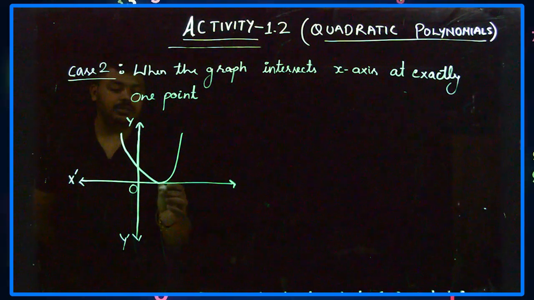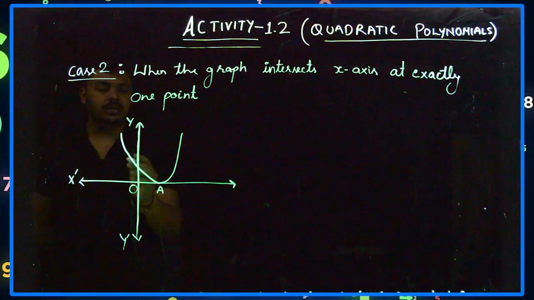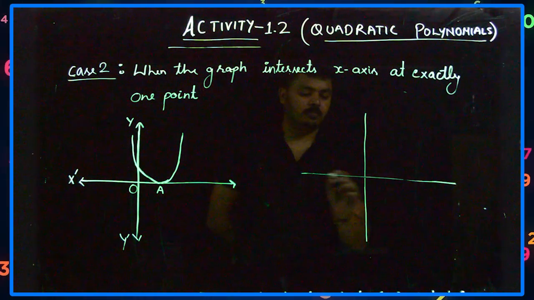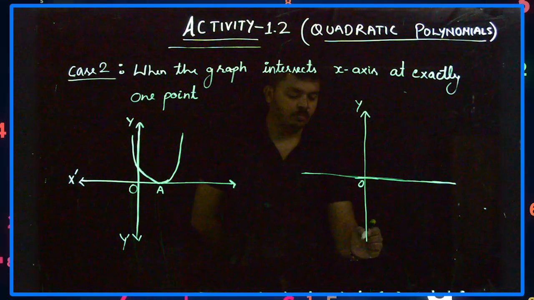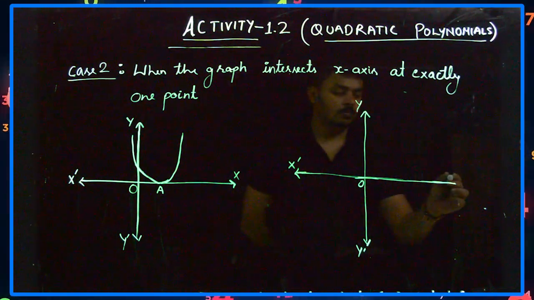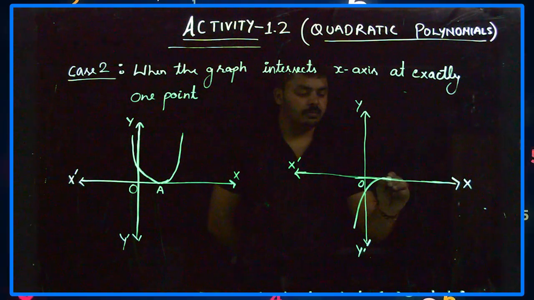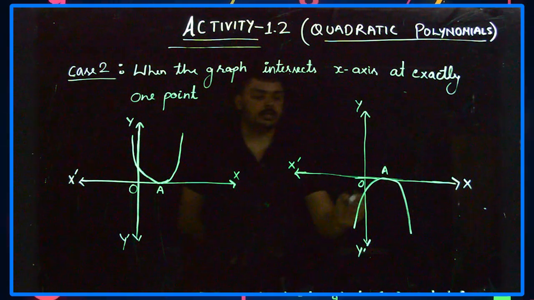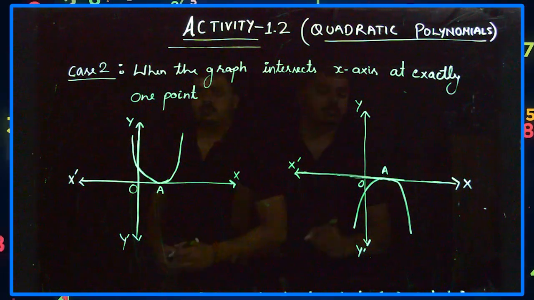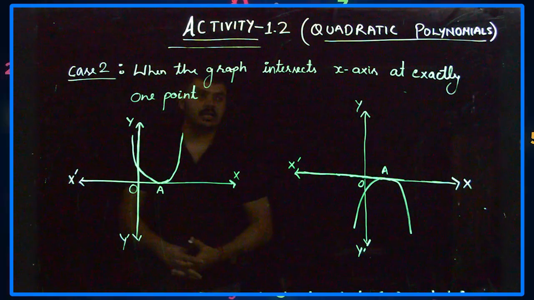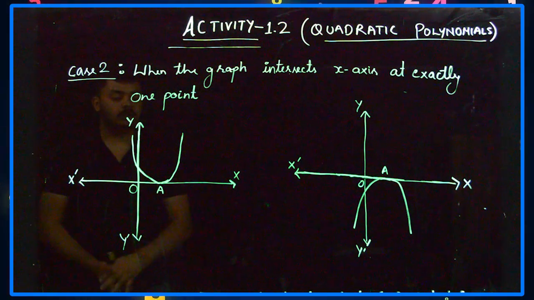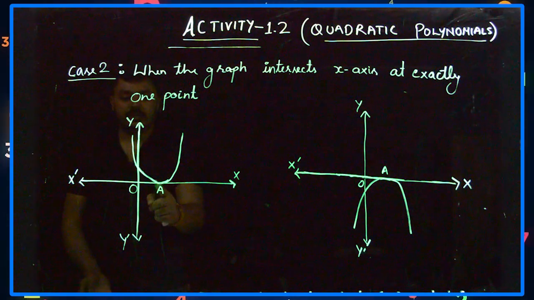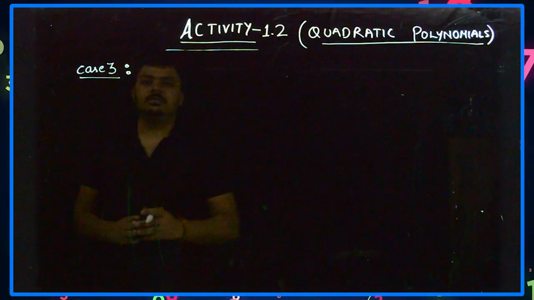Here our graph intersects x-axis at a single point, that is point A. Similarly, when the graph opens in the downward direction, here also the graph intersects x-axis at a single point, that is point A. So in case 2, these are the two graphs obtained, one facing upward and one facing downwards, and they intersect x-axis at exactly one point, that is at A.